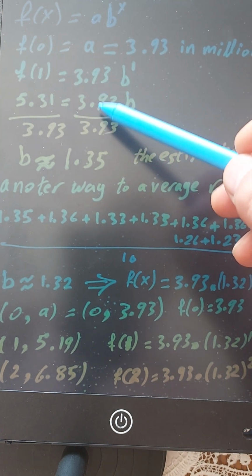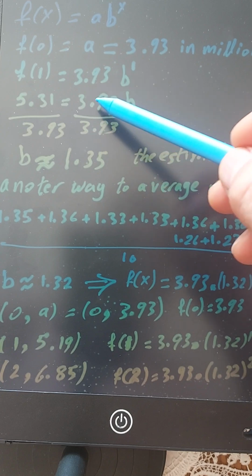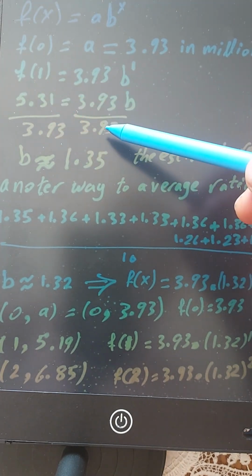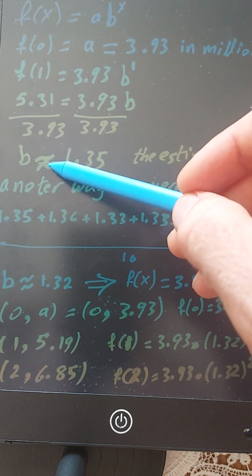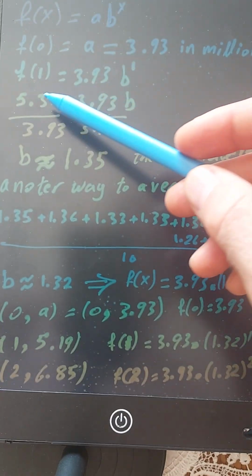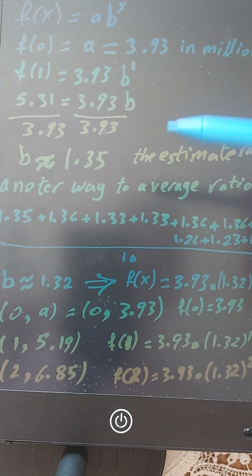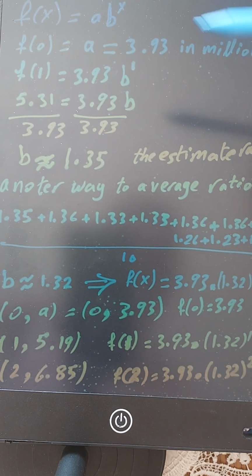We divide both sides by 3.93 to get the estimate for b. 5.31 divided by 3.93 gives us 1.35. That's the estimated ratio for f(1).